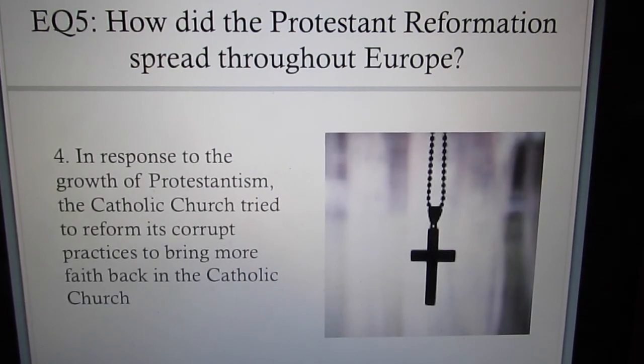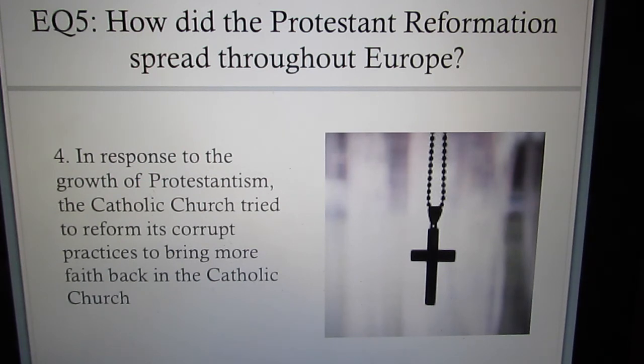However, in response to the growth of Protestantism, the Catholic Church tries to reform its corrupt practices and bring back its old ways. What they're trying to do now is get rid of selling these relics and practice good faith. Ultimately, what they want to do is reform the corrupt practices to bring back more faith to the Catholic Church.